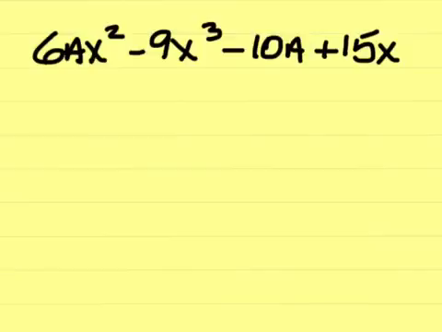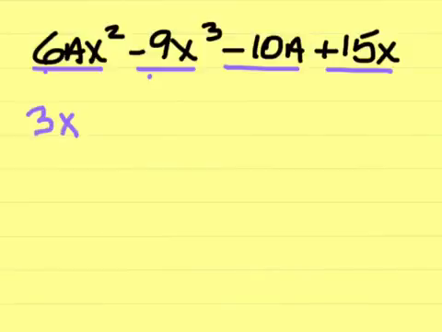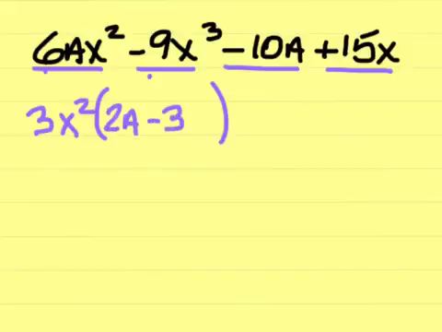Here's another example. In this problem, we have 6ax squared minus 9x cubed in the front, and then minus 10a plus 15x in the back. Again, we have 6 and 9, as well as an x squared. So we can take out a 3 from the 6 and 9, and an x squared. When we factor, we're left with 2a minus 3x.